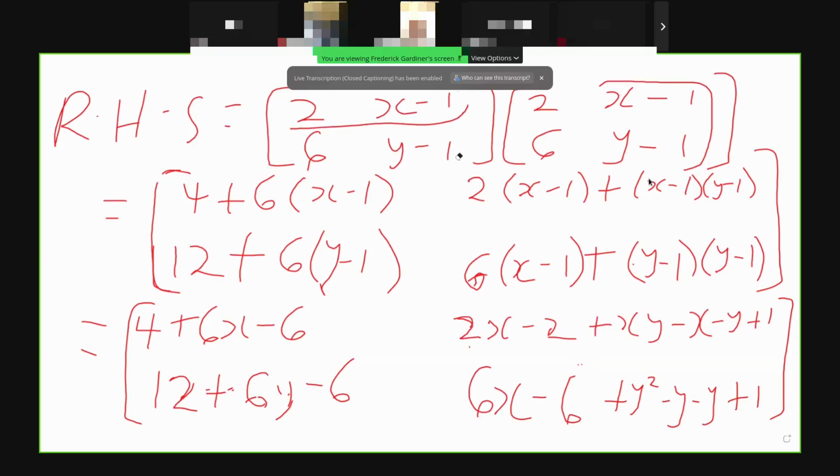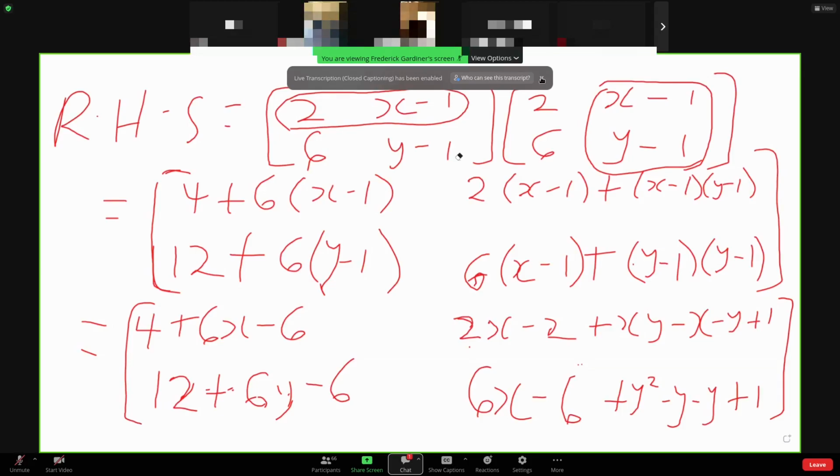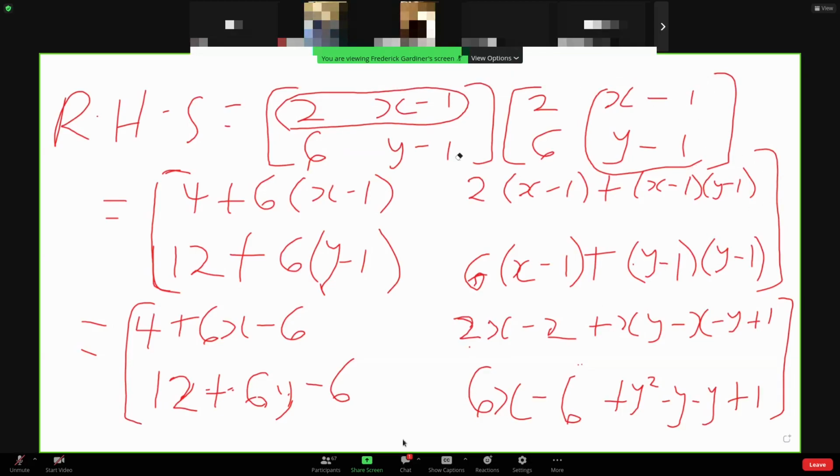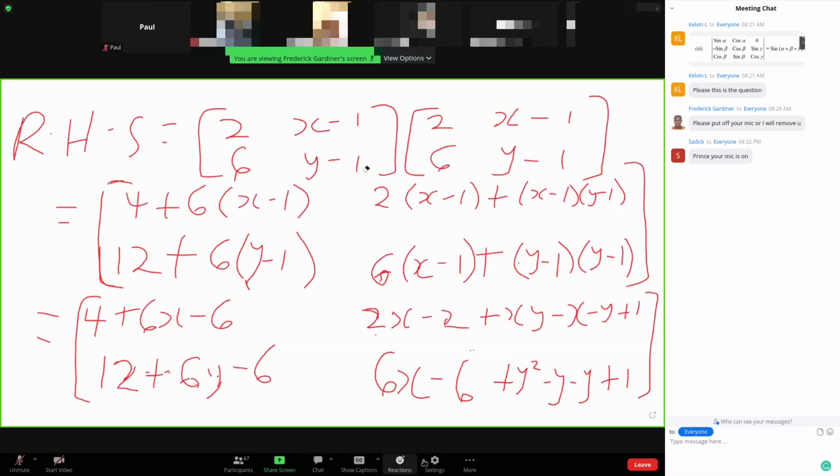That's the first row taking on the second column, isn't it? Are you with me? I've seen it now, sir. So 2 takes on x minus 1, and x minus 1 takes on y minus 1. Okay. So I'm cleaning the upper part so that we continue.